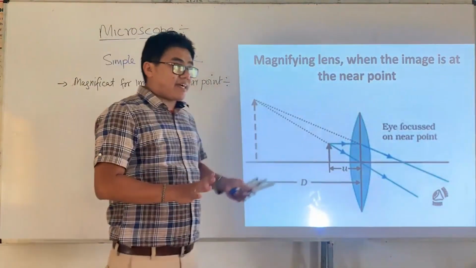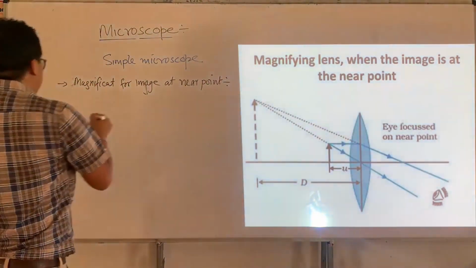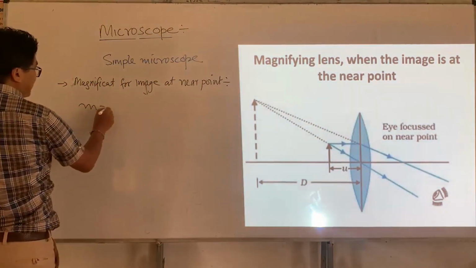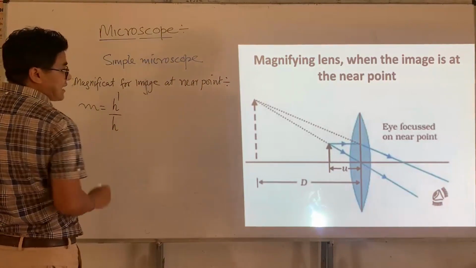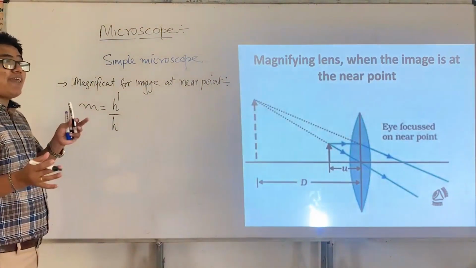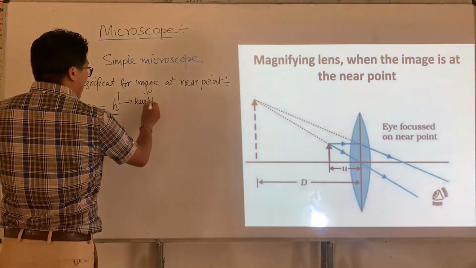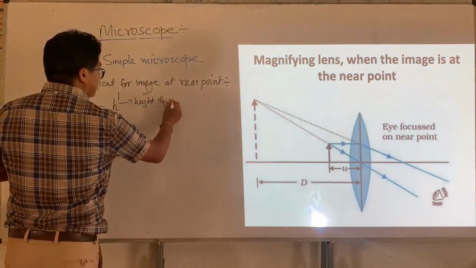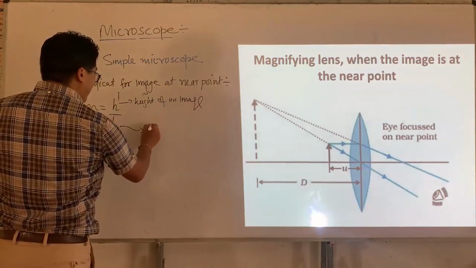This is the ray diagram. Whenever we talk about magnification, magnification is equal to h prime divided by h. h prime is the height of the image, and this is the height of the object.